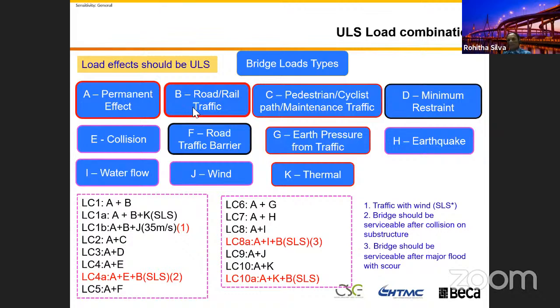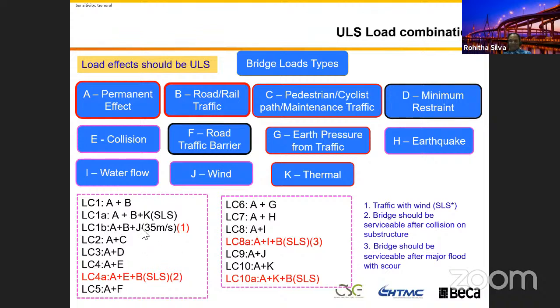A and B, the permanent and traffic together, because the temperature variation is always happening, seasonal changes go up and down. Use the temperature effect, the thermal effect, but use the serviceability limit state condition, not the ultimate one. While the bridges are moving, the traffic is there, the wind is there all the time, it affects the bridge.